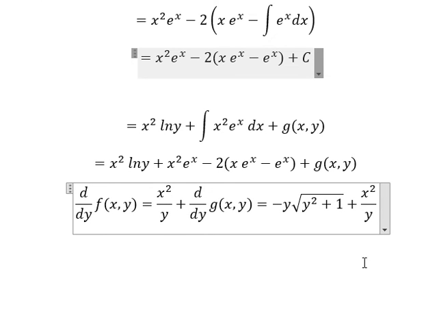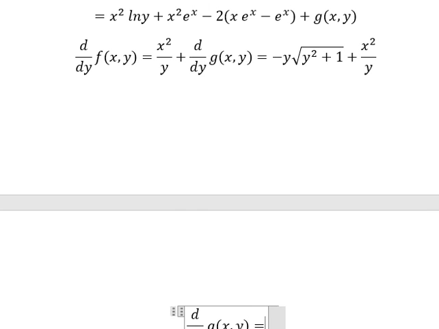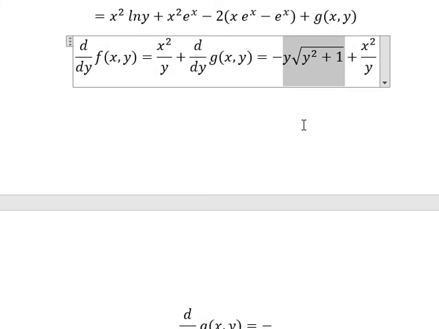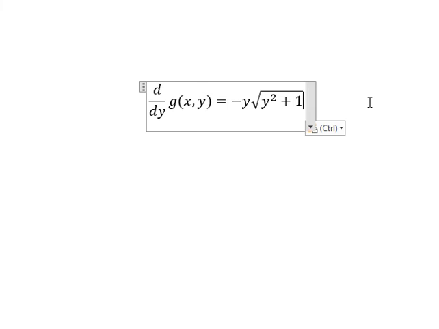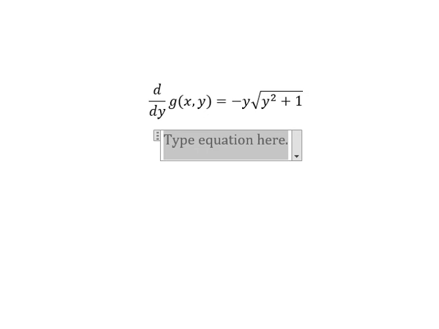Now we need to simplify for the both sides, and we have like this. Next, we need to integral for the both sides.